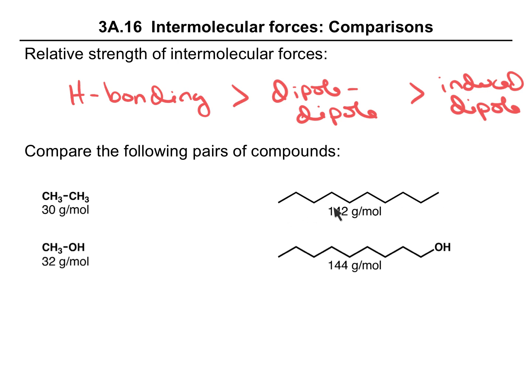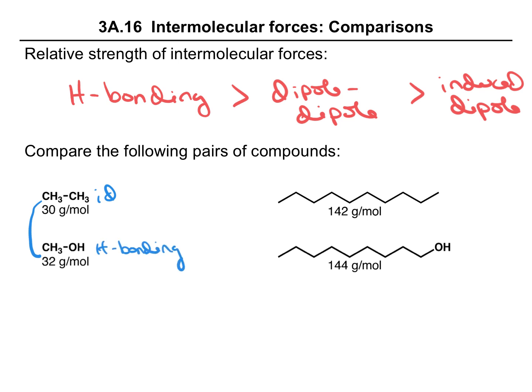Now this compound over here has 10 carbons and it weighs 142 grams per mole. If we were to compare this compound with this compound, now we're making changes to the size and to the type of intermolecular forces, so it's like we're comparing apples to oranges. So let's come back to comparing apples to apples, and we're comparing these compounds that have similar molecular weight but different intermolecular forces. Ethane would be held together by induced dipole interactions, where methanol would be held together by hydrogen bonding.